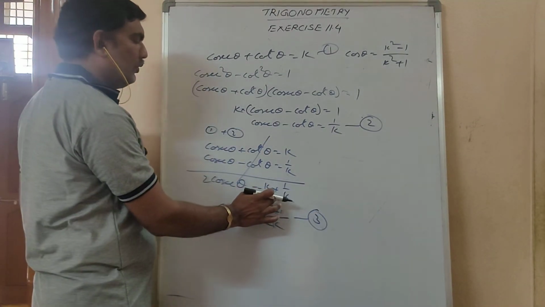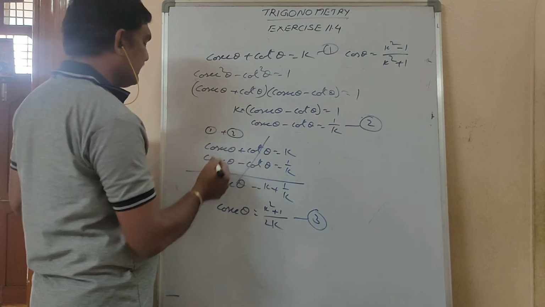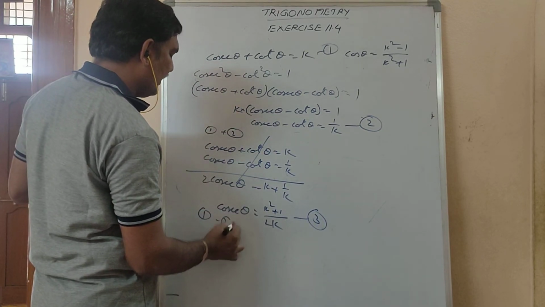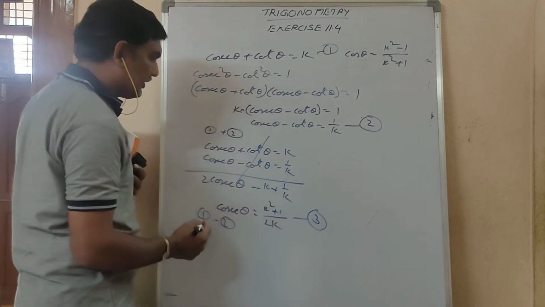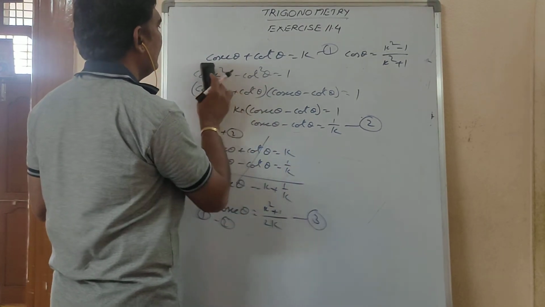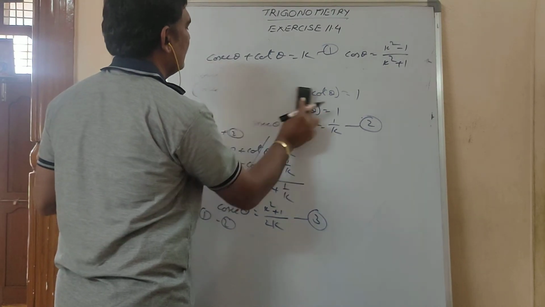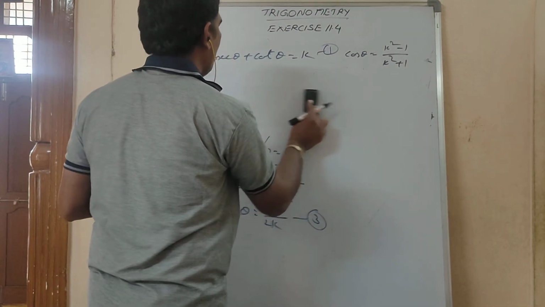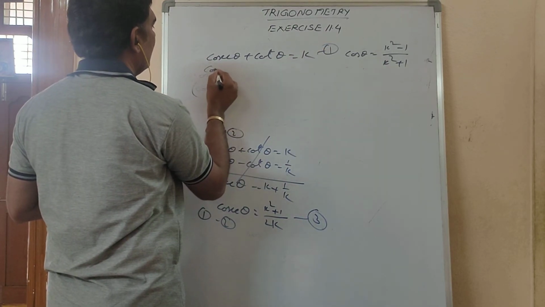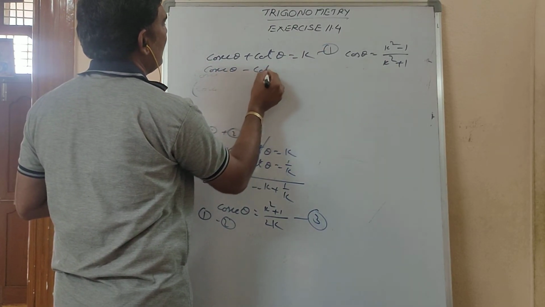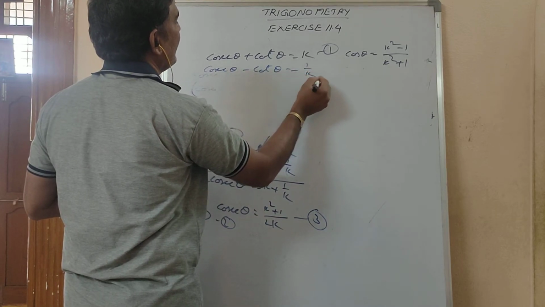Okay, you do this on your own. Next, 1 minus 2, if I do it. Here I added these two, now I have to do subtraction. I will write here. If I do subtraction, cosecant theta plus cot theta is equal to k, cosecant theta minus cot theta is equal to 1 by k.